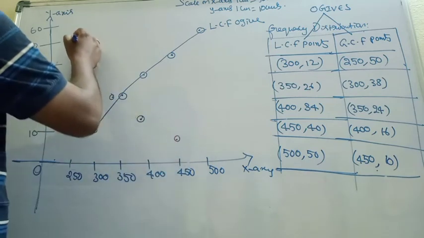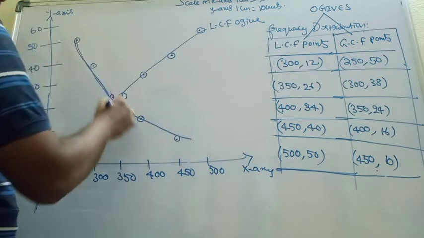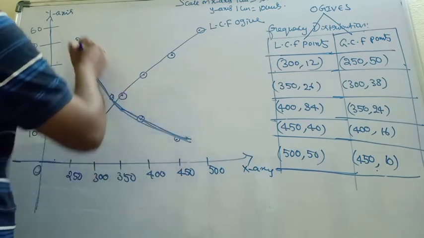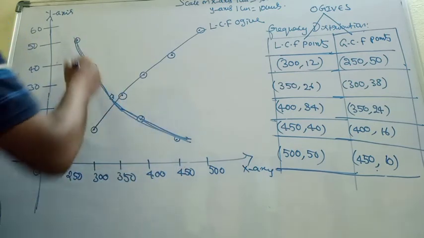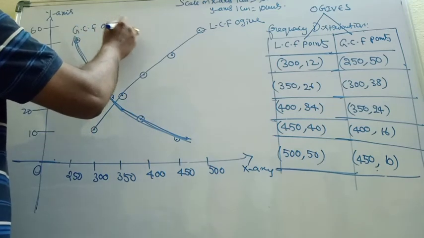Now if you draw this curve, it will be a decreasing curve. We join the points like this. This is a GCF ogive. These are what we call ogives.